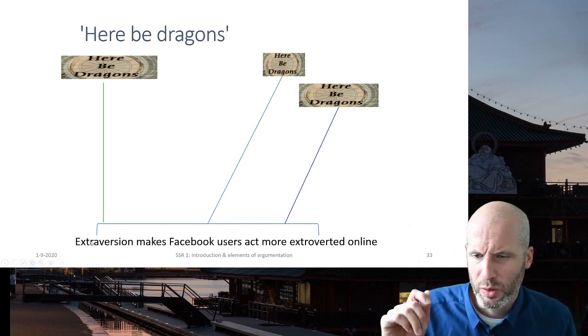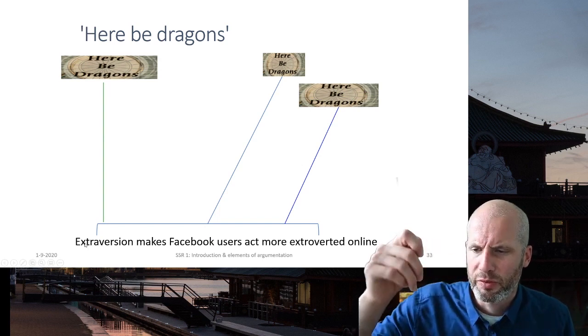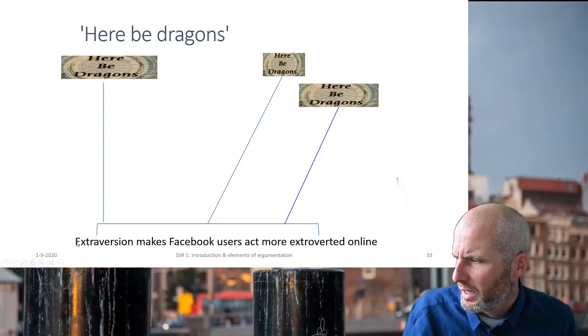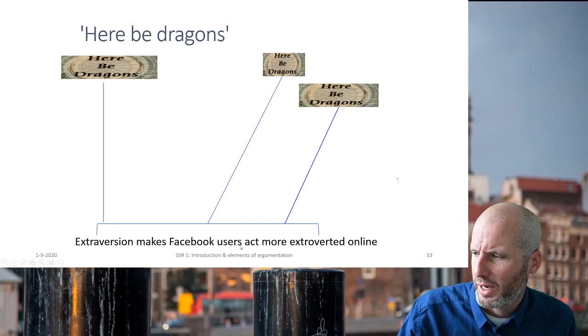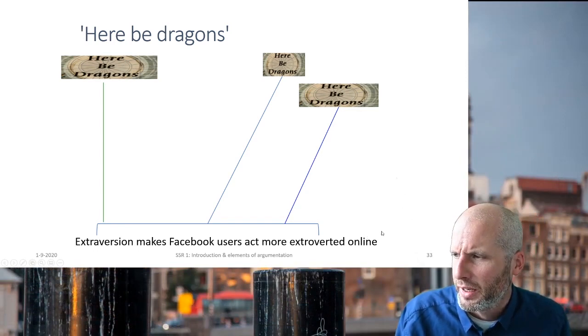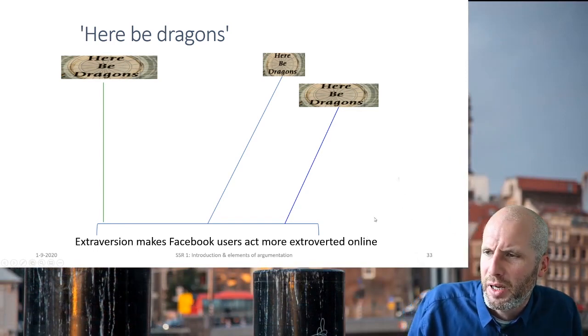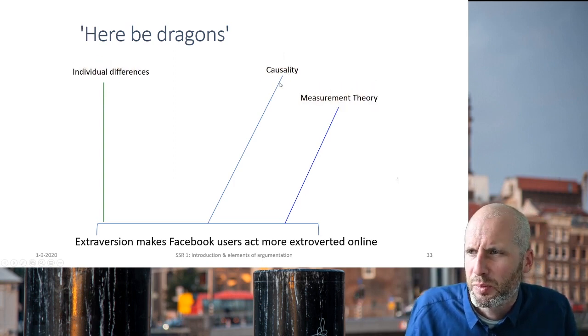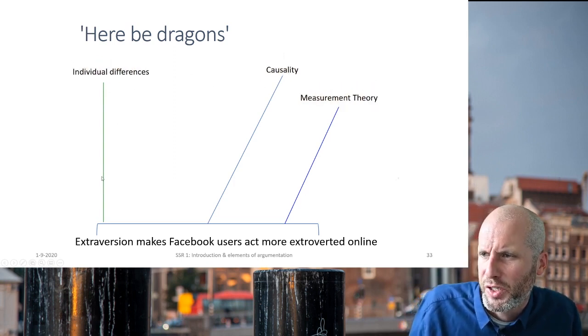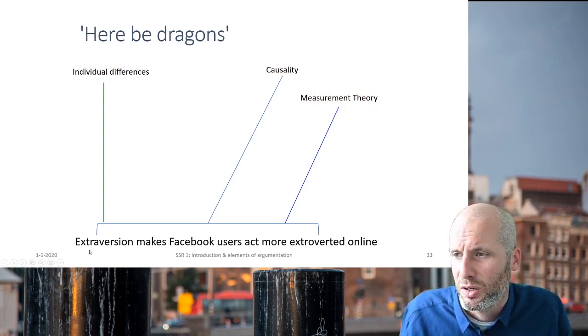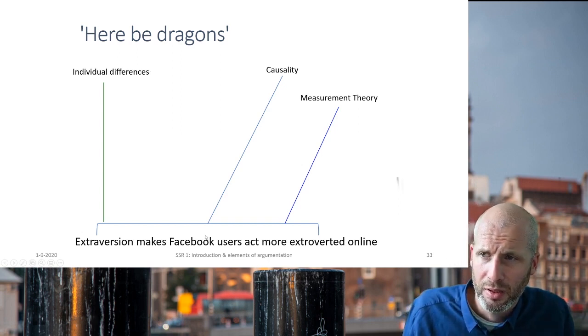So what we're going to be focusing on in the third part of the course. If somebody says extroversion makes Facebook users act more extroverted online, people make a lot of assumptions that you might have taken for granted in the past. So people are actually saying something about a measure of individual differences as a cause of a specific behavior.